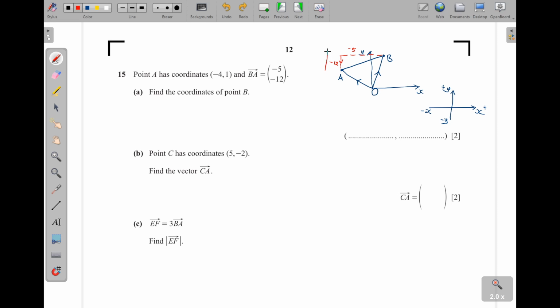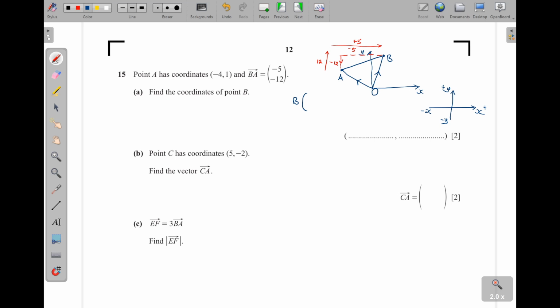So I will move now 12, then this one will come to 5. You see? So that means that for me to get B here, I will get the coordinates of B.